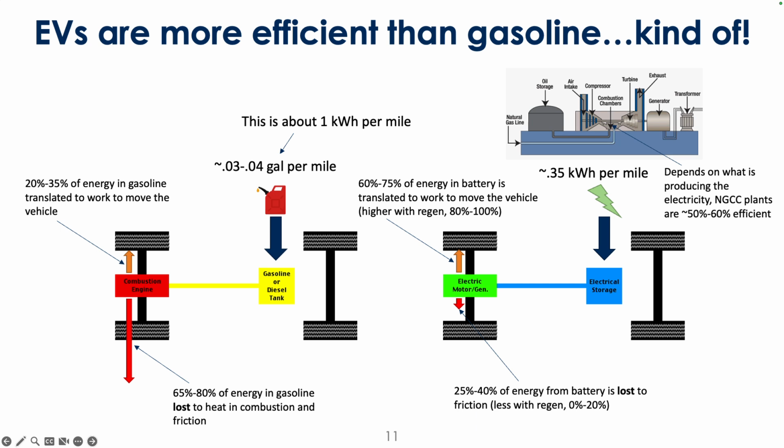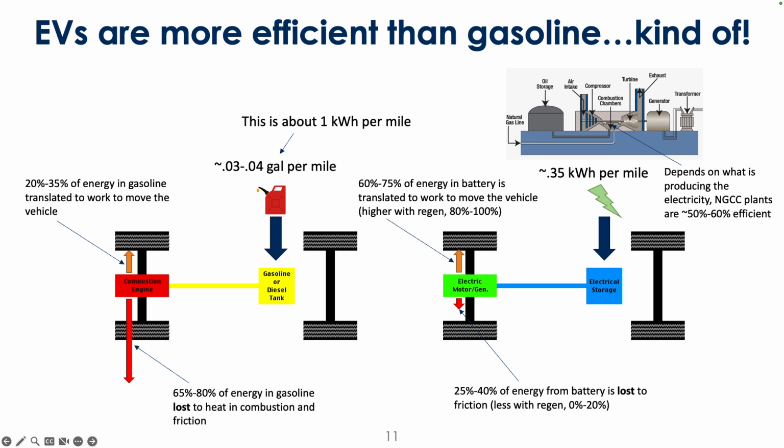However, we will also have efficiencies from the production of electricity. Depending on the source of the electricity, you are reducing the life cycle efficiency of your electric vehicle technology.